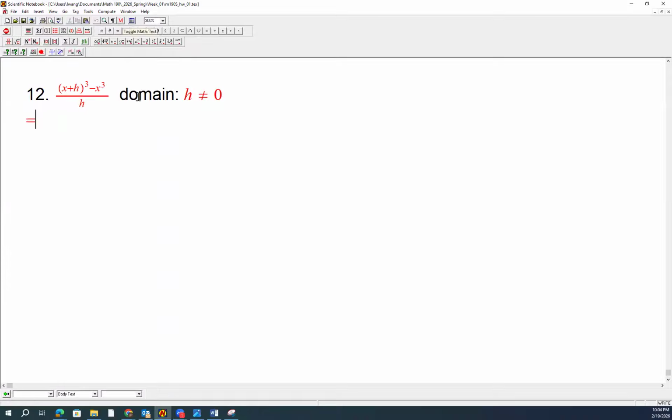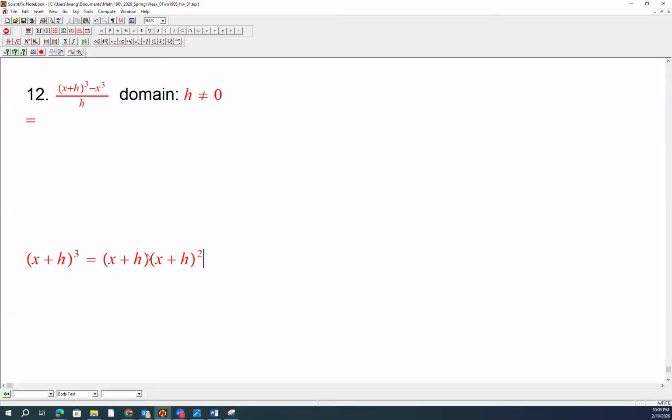Okay. And one of the things you need to do is to FOIL that part. You can FOIL that part separately. Okay, x plus h, turn into a square.